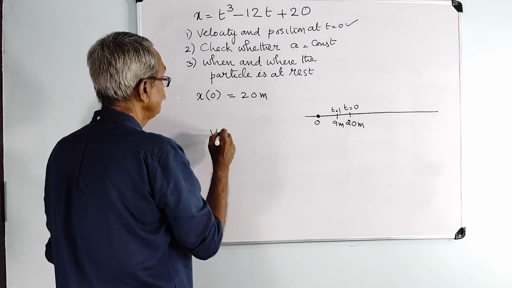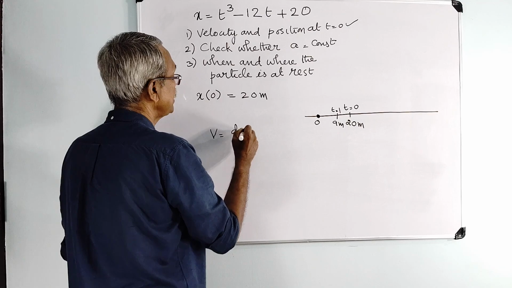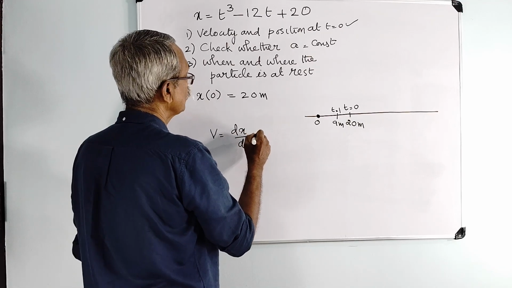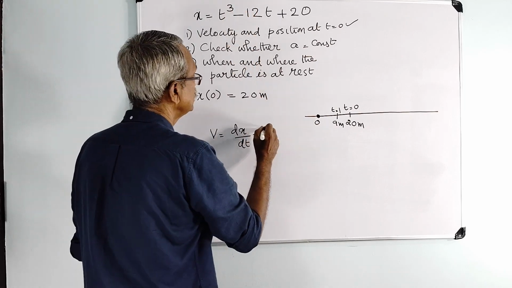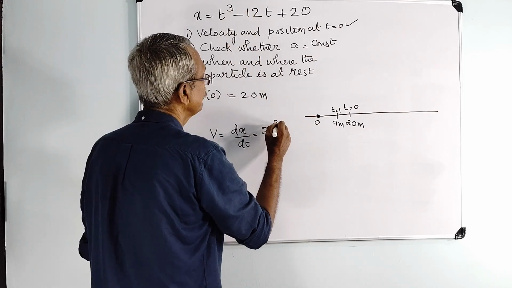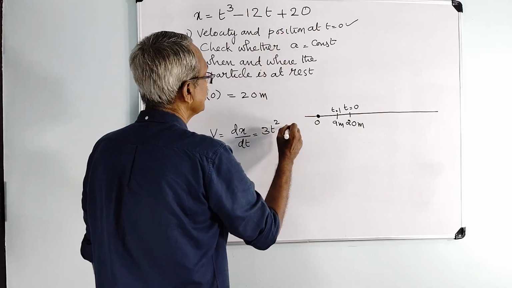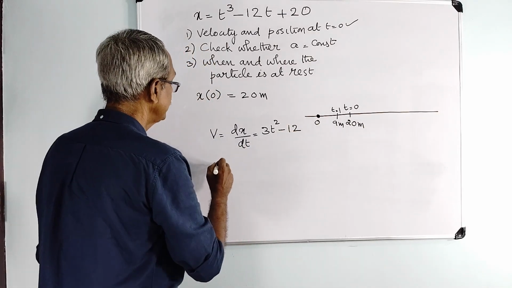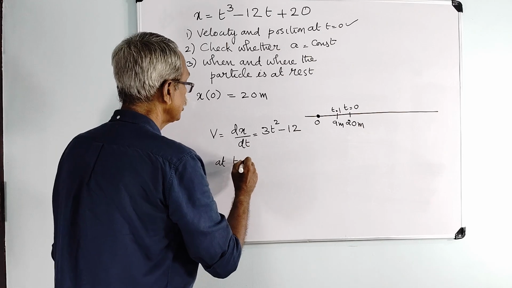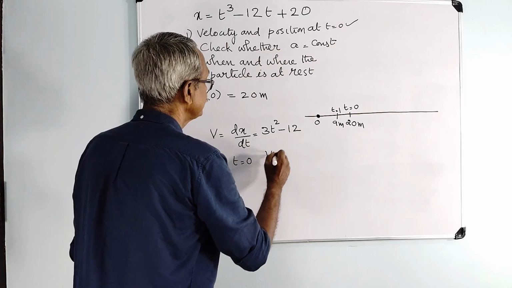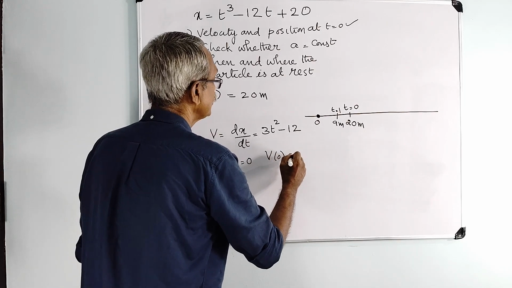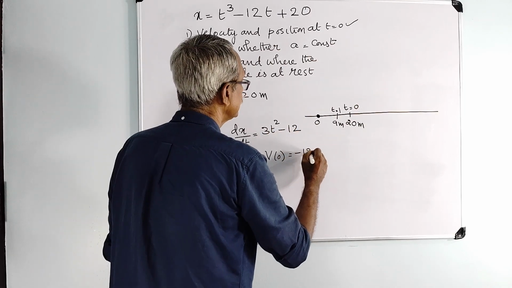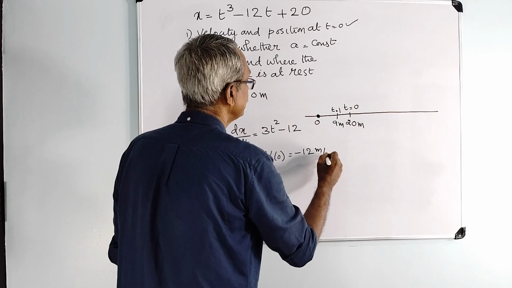V is equal to dx by dt is equal to, t cube, derivative is 3t square, 12t, derivative is 12. Therefore, at t is equal to 0, v0 is equal to minus 12 meter per second.